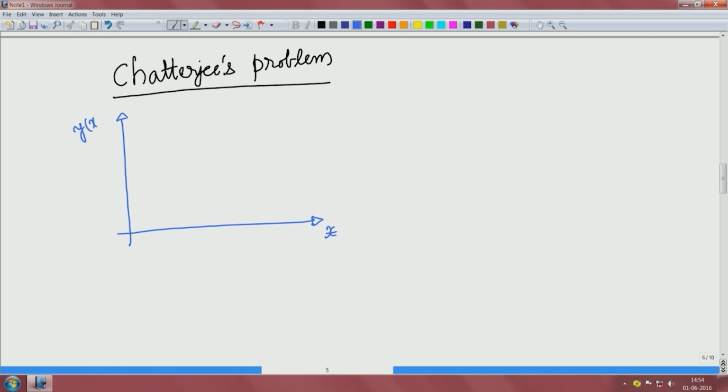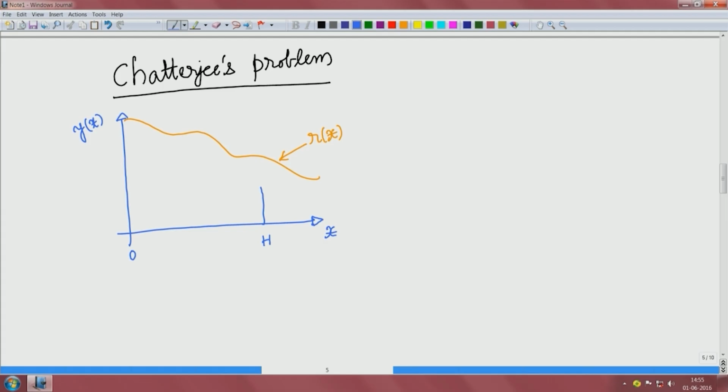I need to find a function y of x such that there is a river flowing. Okay. Let us say this is the river r of x, okay. And there are some limits, say 0 to some h here.